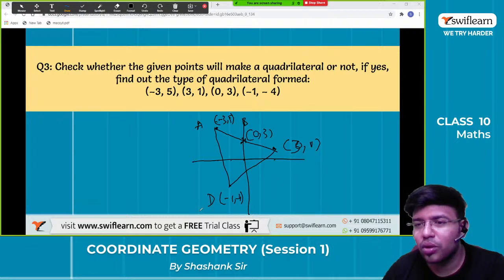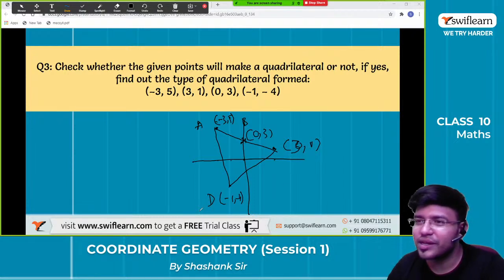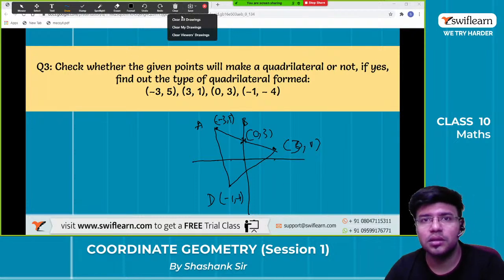So all this represents a triangle where A, B, C are collinear. So this is not a quadrilateral. In fact, it is a triangle. So let us solve the next problem. Any doubts you have so far?